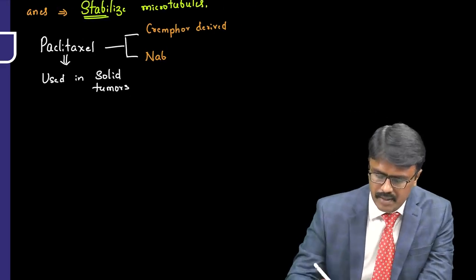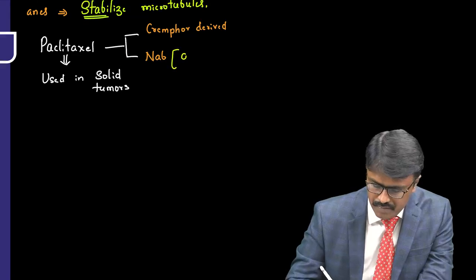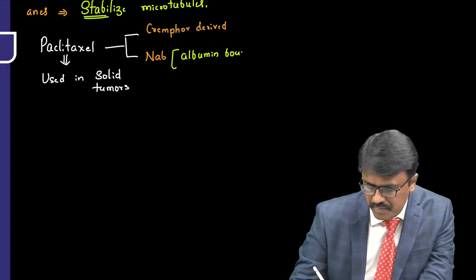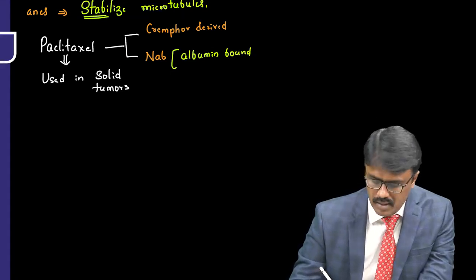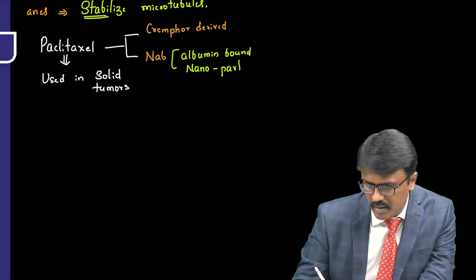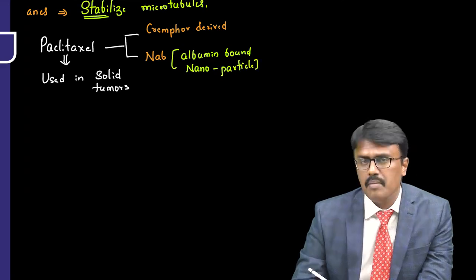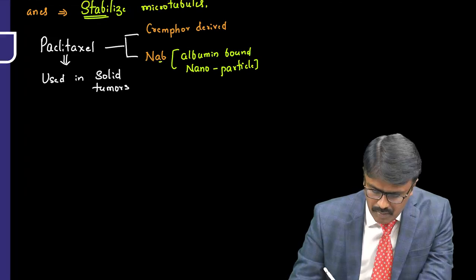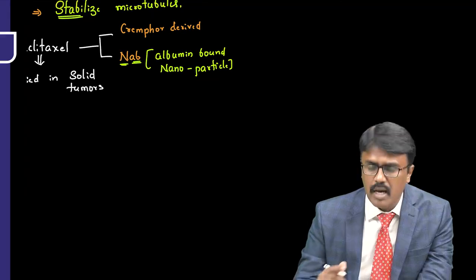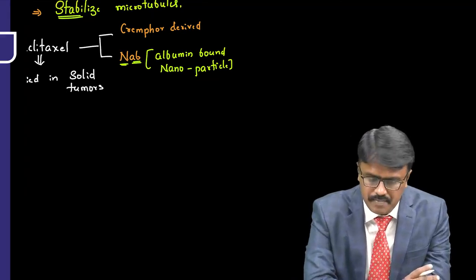What do you mean by NAB? NAB stands for albumin bound nanoparticle. So you remember AB for albumin, N for nanoparticle. So it's an albumin bound nanoparticle.